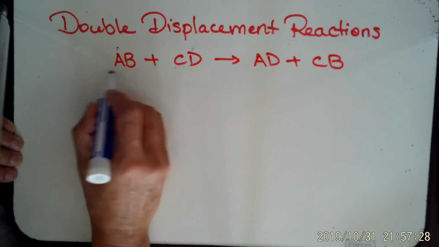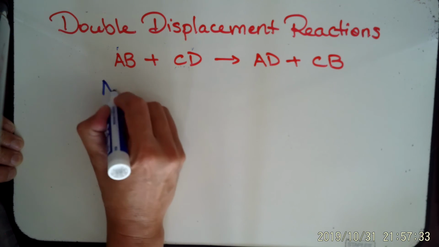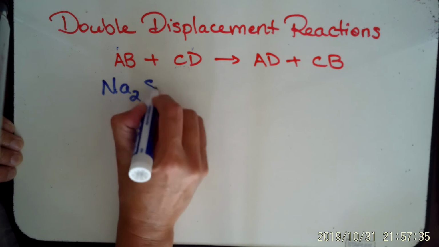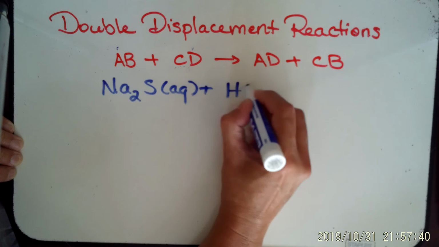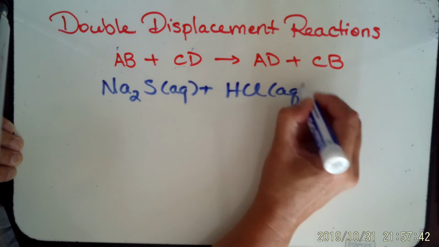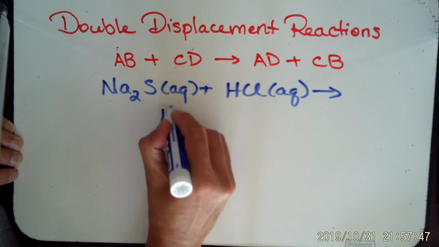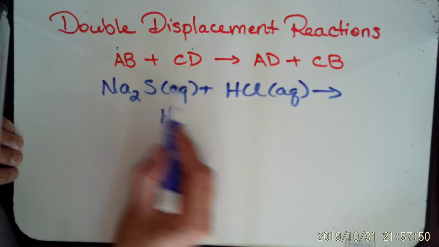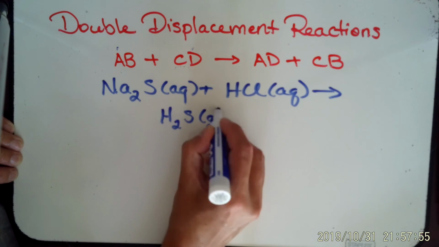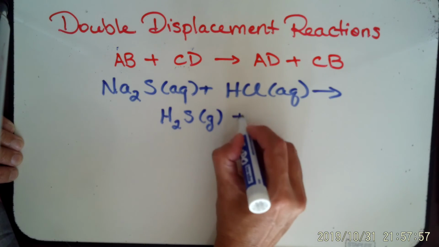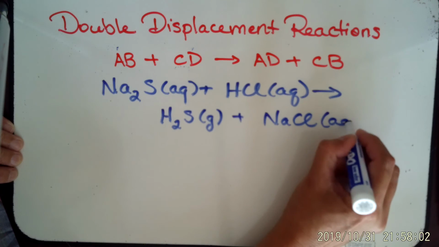So 1, if I start off, let's say, with sodium sulfide, and I react it with hydrochloric acid, when I do my double displacement, the H goes in front of the S, but remember sulfide is -2 and this is a +1, so I form H2S. This directly forms a gas, and you can form sodium chloride, and that's in solution.